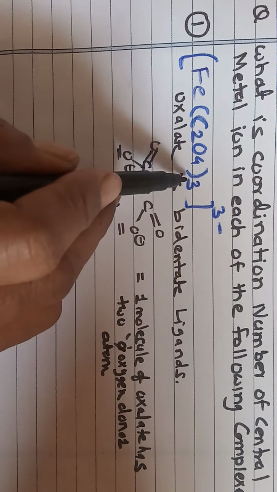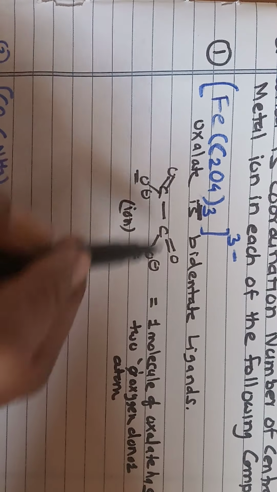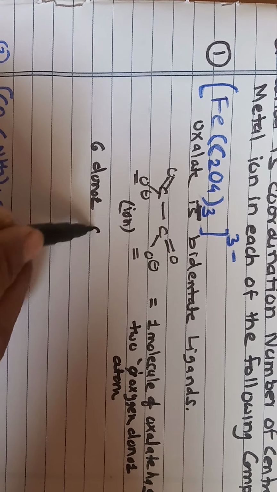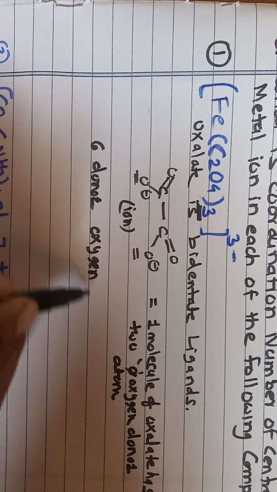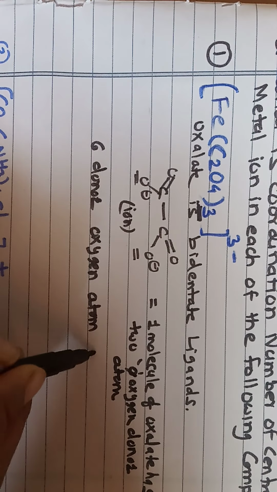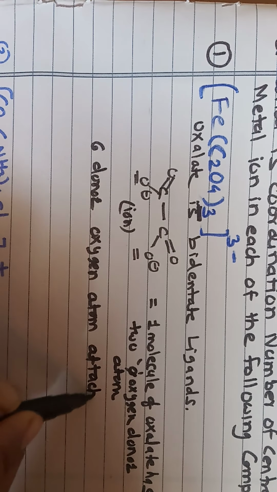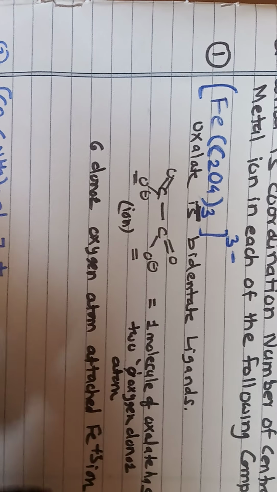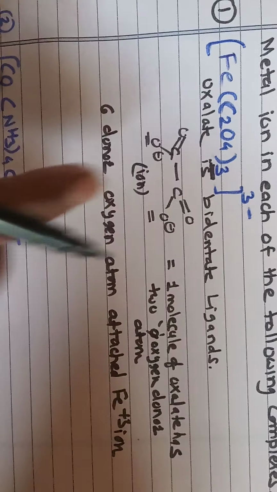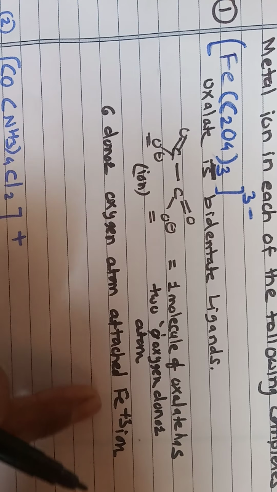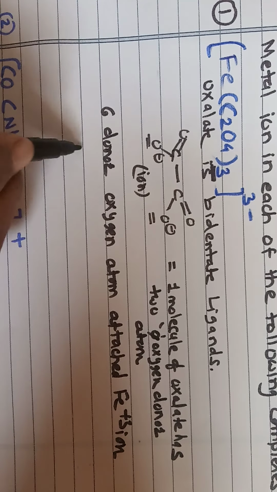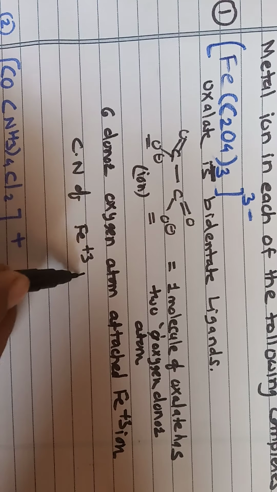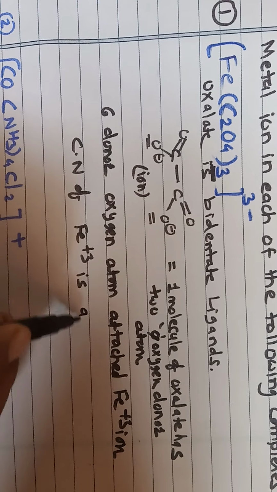There are 3 oxalate ions, so a total of 6 donor oxygen atoms attached to the Fe plus 3 ion. Here the oxidation number of the Fe is plus 3. So there are 6 donor atoms attached to the Fe plus 3 ion, so the coordination number of Fe plus 3 ion is again 6.